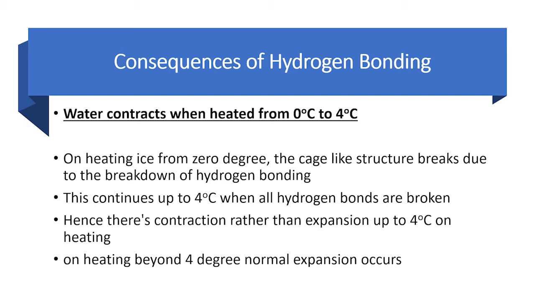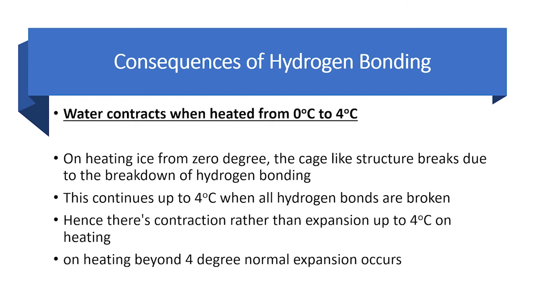Usually when we heat a substance, expansion occurs, not contraction. Whereas for water, upon heating from 0 degrees to 4 degrees, in this small range of temperature, there occurs contraction rather than expansion. And this is due to the presence of the tetrahedral cage-like structure.